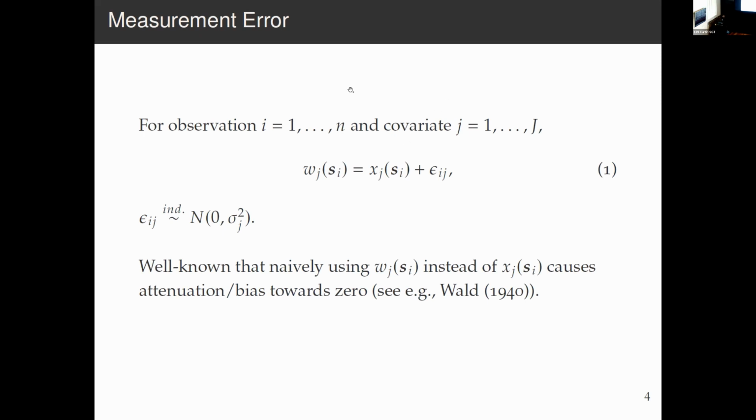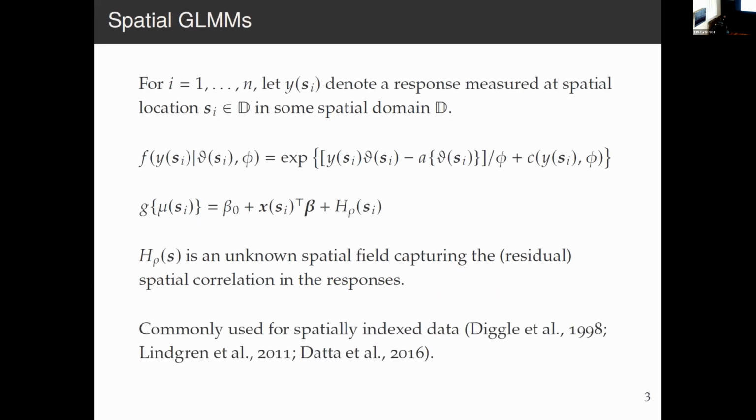So why is that a problem? Well, it's pretty well known that if you naively use W instead of X, that causes attenuation, or a bias towards 0, of your estimators. If I go back to the slide here, you see that I have the true covariates X here.